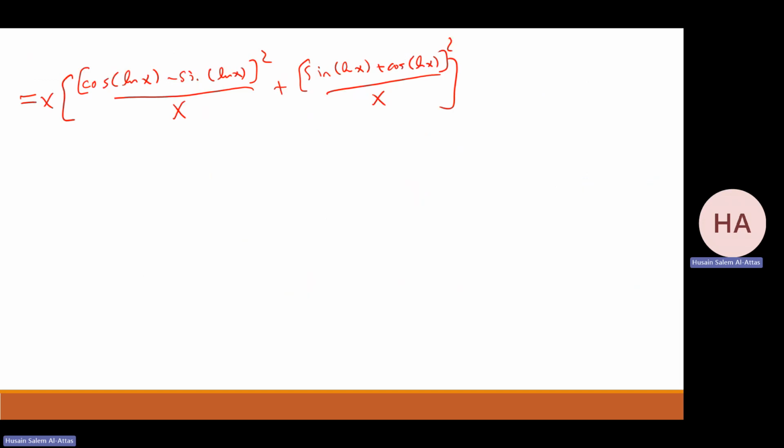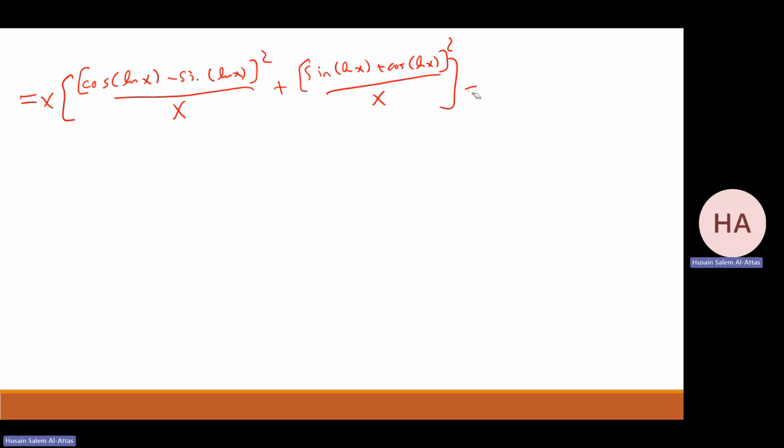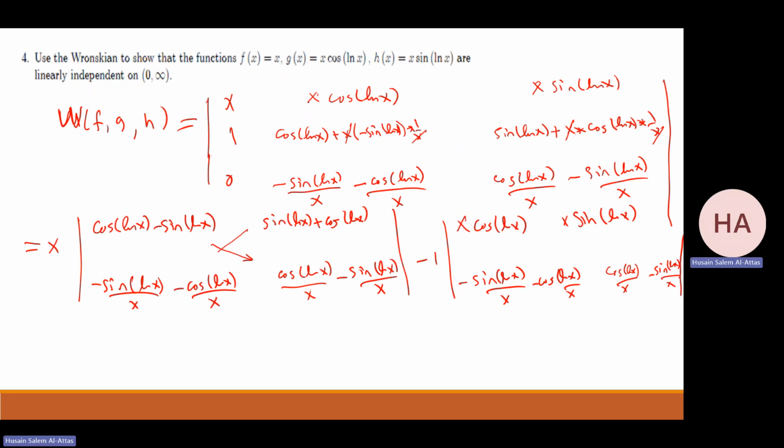Okay, minus 1, that is minus what? x, then I have cosine square minus cosine sine. Let me make it here. Then I have cosine square ln x minus cosine sine ln x. Okay. Minus x cancelled.